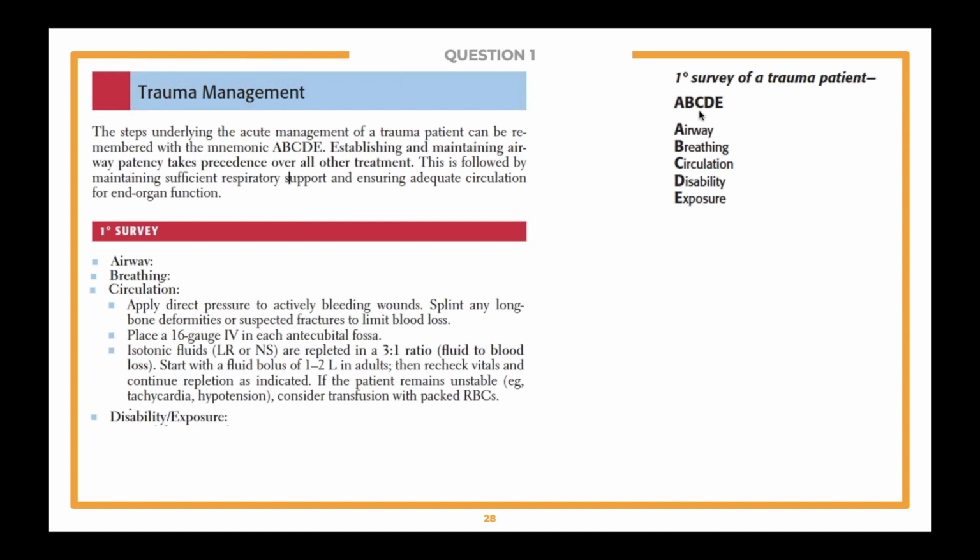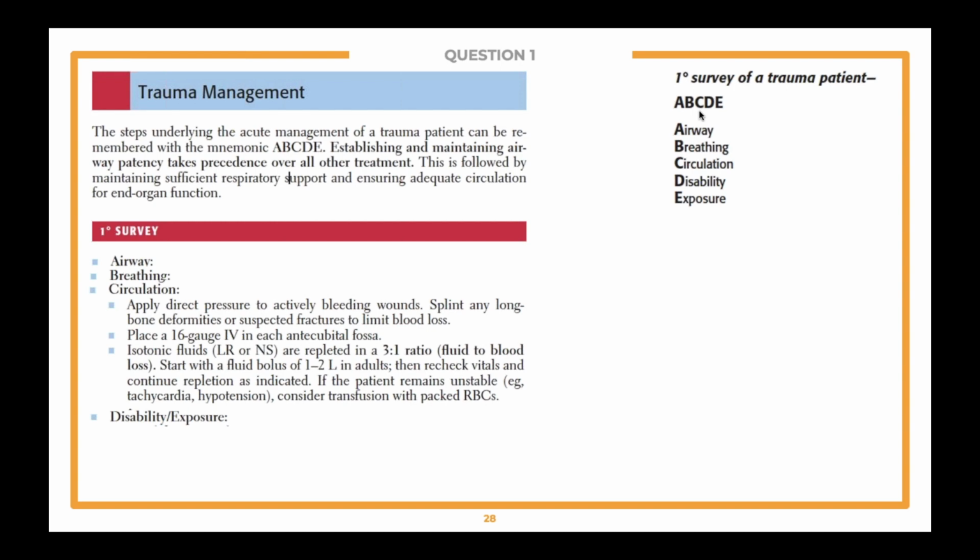The first thing we do is assess their airway. If there's any sort of compromise to the airway, that's the first thing we need to secure, okay? We check their breathing, then we check their circulation. This patient has been given some fluids, a couple liters of fluids.